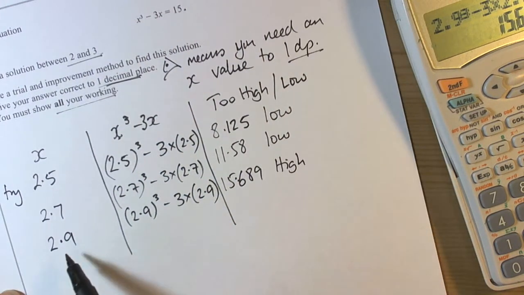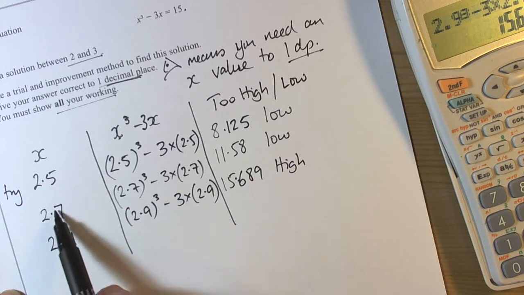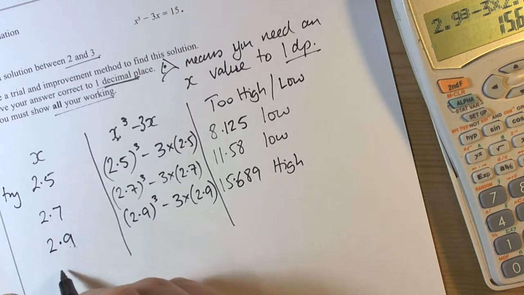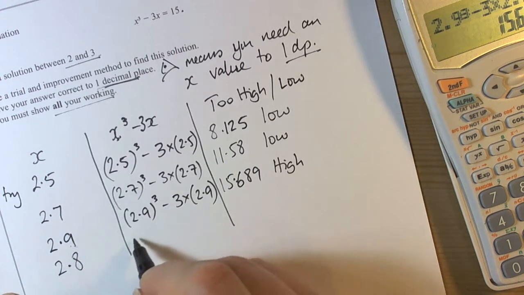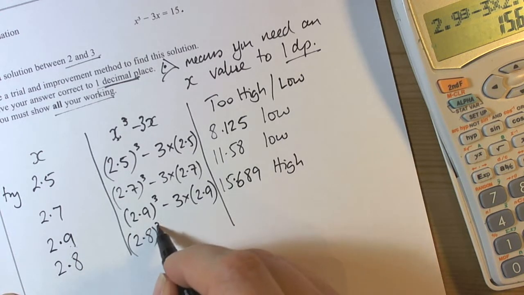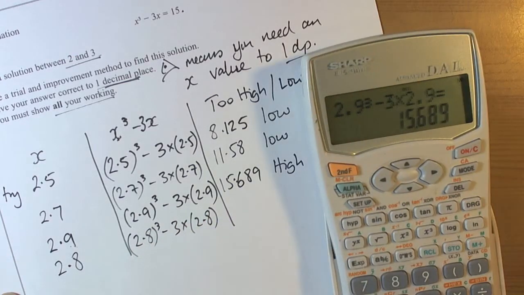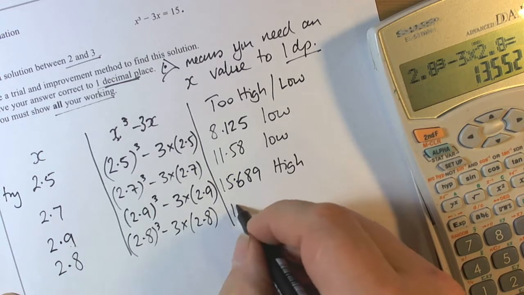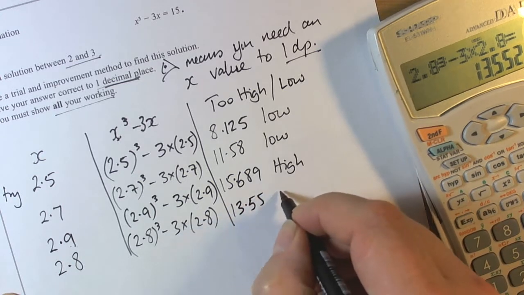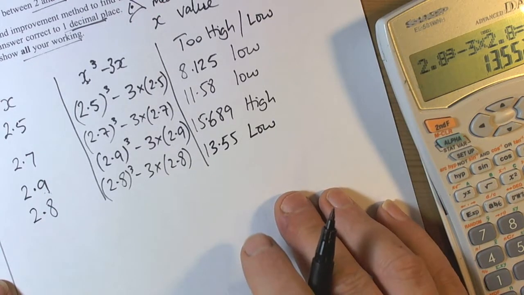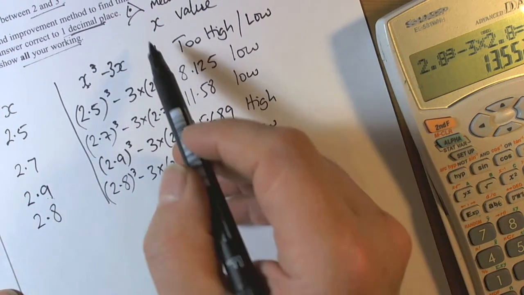That means our answer should be between 2.7 and 2.9. We'll have to try 2.8 now. So 2.8 cubed, take away 3 times 2.8 gives 13.55, which is low.